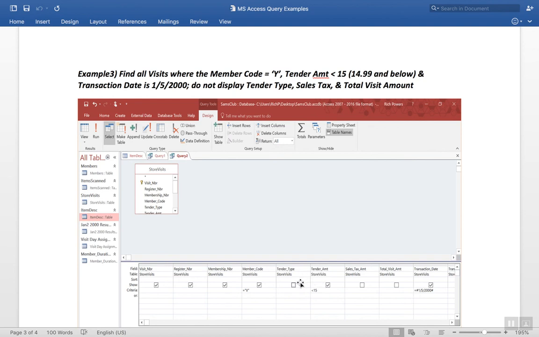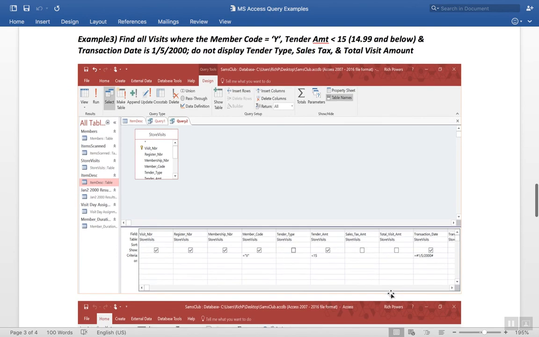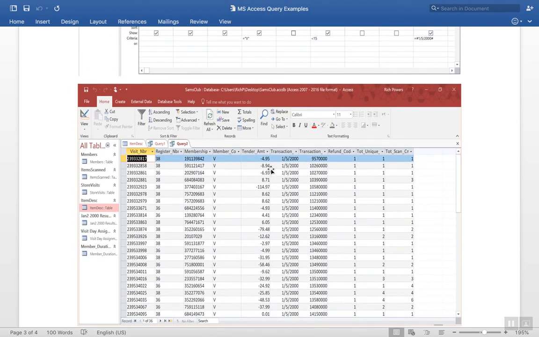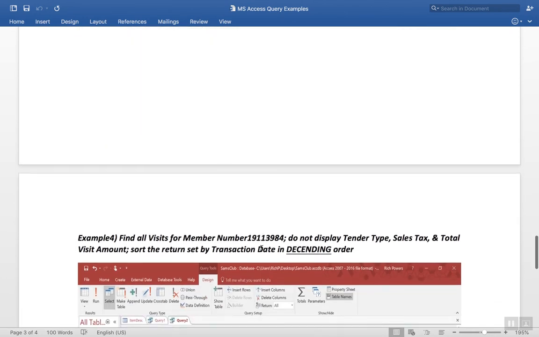So basically it's the same as the other one, except we're not going to return the tender type, the sales tax amount, and the visit amount. It's the same query with a reduced return display.